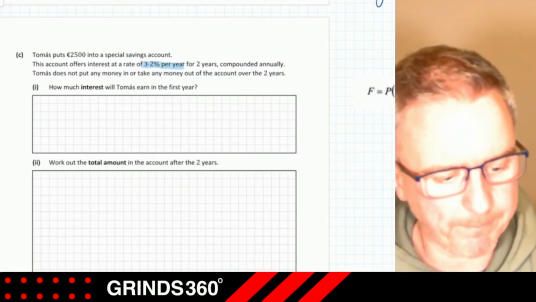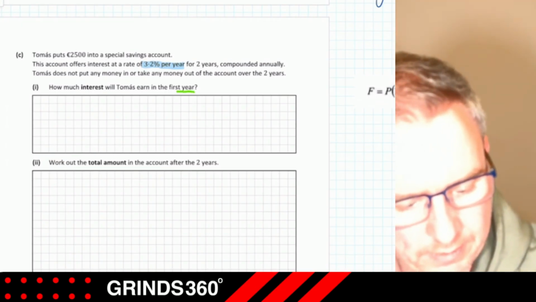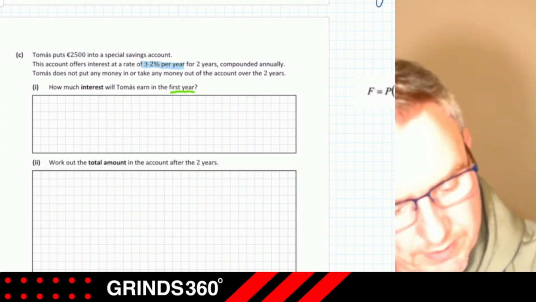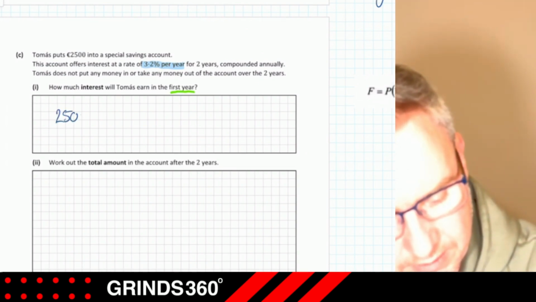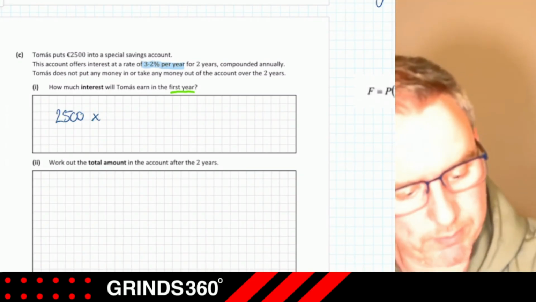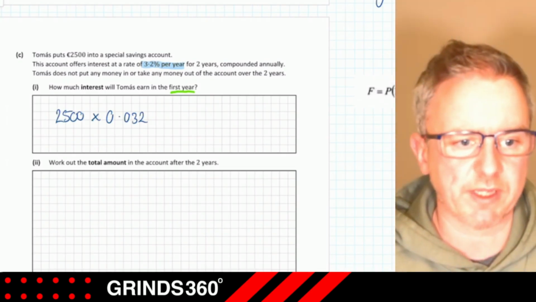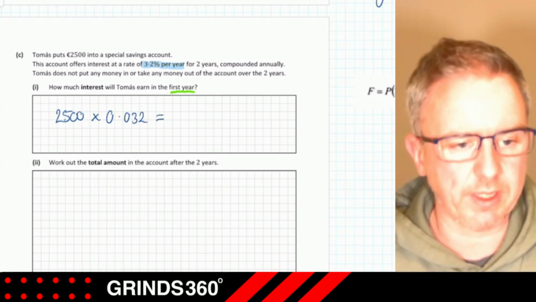So we're coming along, and in the first year, okay, how much interest will Tomás earn? So all we're doing is we're taking our 2,500, that's what he's put into the account, and you're getting 3.2% of that. So you can multiply it by 0.032, or you can use 3.2 in a percentage, putting on your calculator, whatever way you've been practicing that in class, okay?